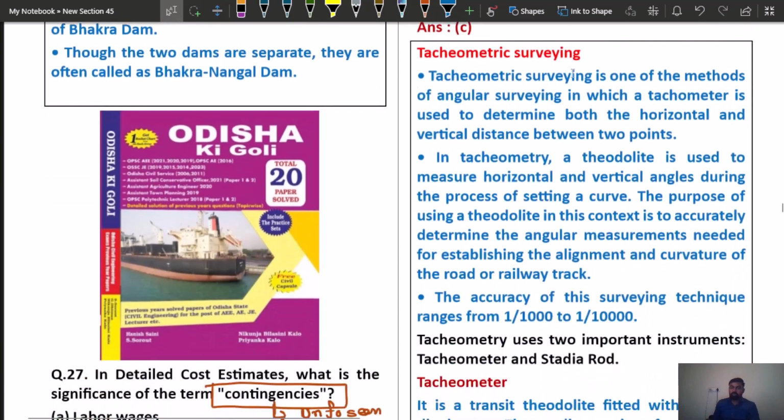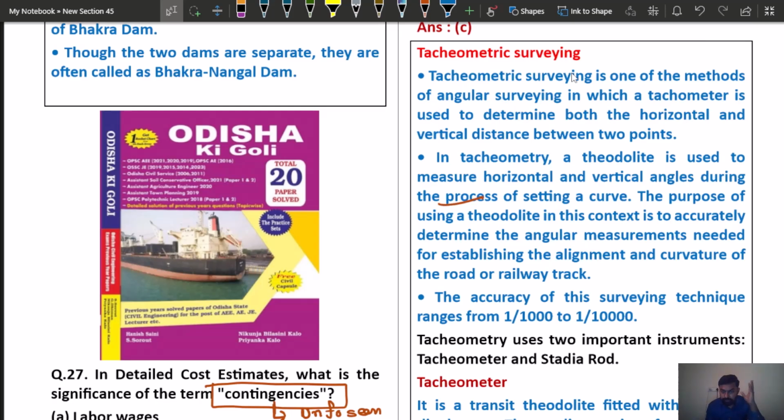In tachymetry surveying, which is the method of angular surveying in which tachymeter is used, the tachymeter measures the horizontal and vertical distance between 2 points, and the theodolite is used to measure the horizontal and vertical angles during the process of setting a curve.